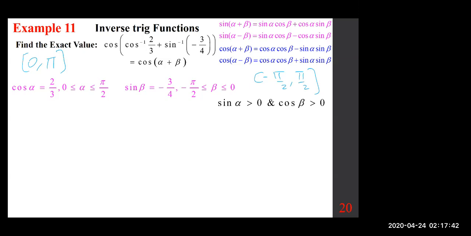Everybody understands why sine of alpha is positive, right? Because alpha is in the first quadrant. And cosine is positive in the fourth quadrant, okay, class? So sine squared plus cosine squared equals 1. Sine is the square root of 1 minus cosine squared. So before you go, it's important to understand why this is the case, okay?